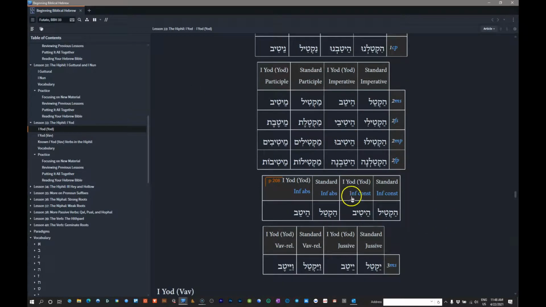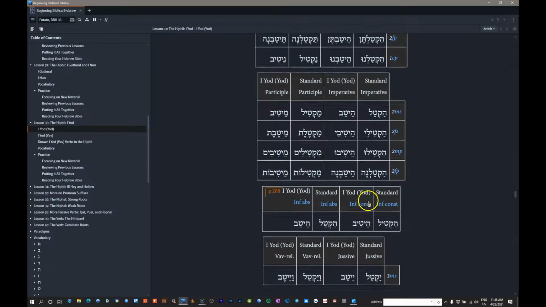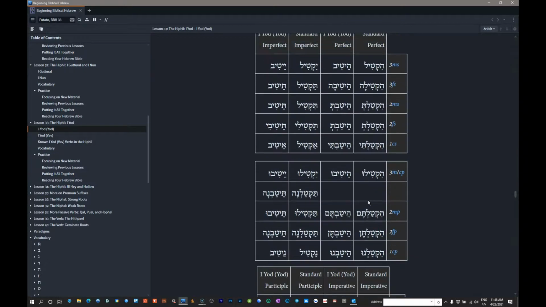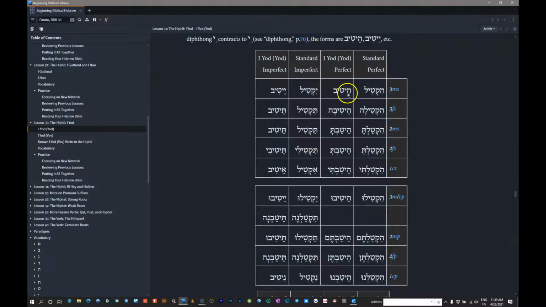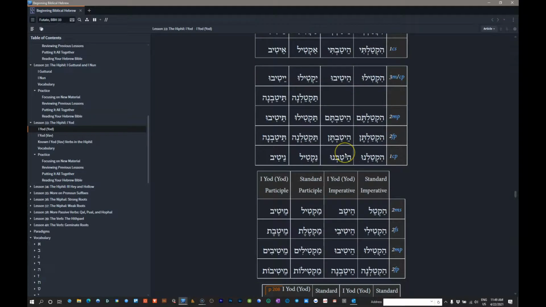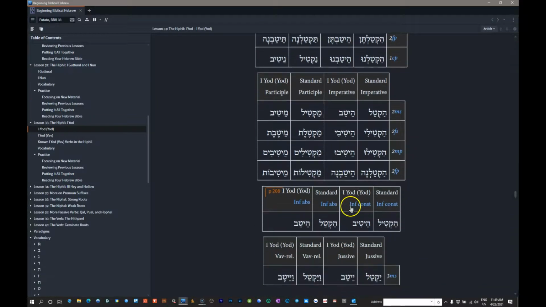Okay, so here you can see that the infinitive construct, even though it's in the imperfect family, the one yod again wants to be part of this prefix vowel, and patach yod is not a vowel, that's a diphthong, and so that's why we don't get the patach here. But you can see that what ends up happening is the one yod perfect 3ms Hiphil ends up looking identical to the one yod infinitive construct Hiphil.